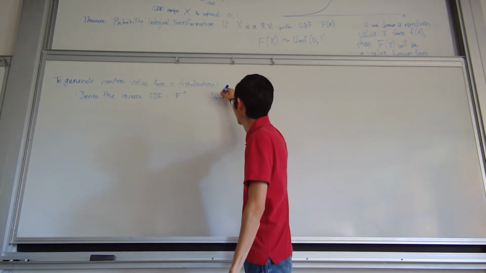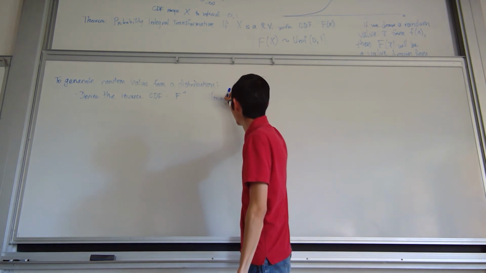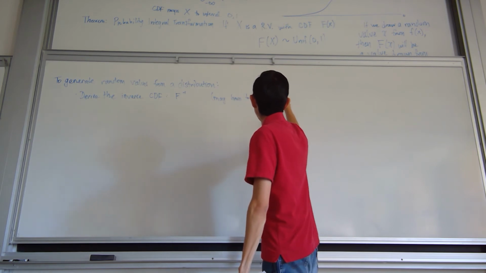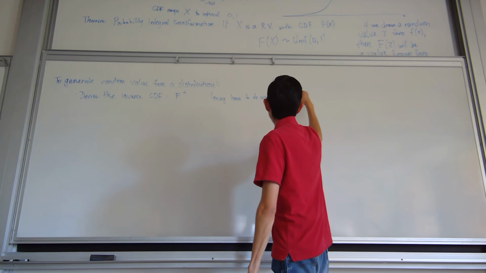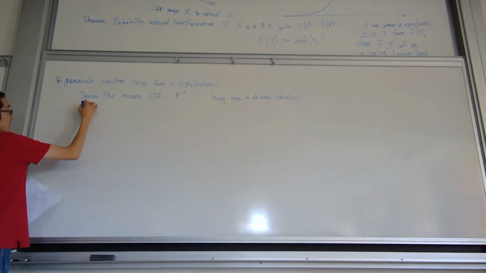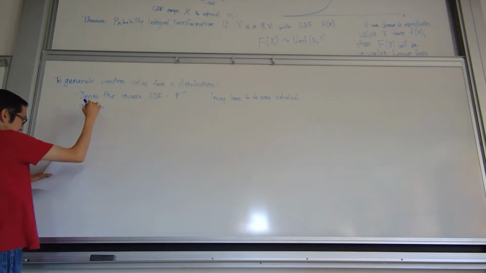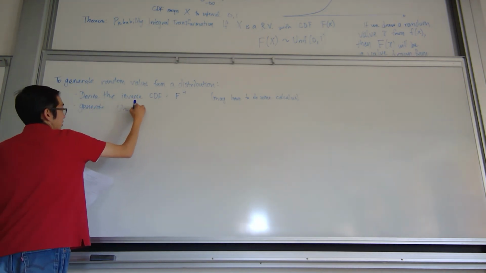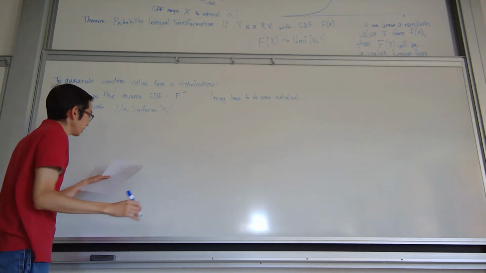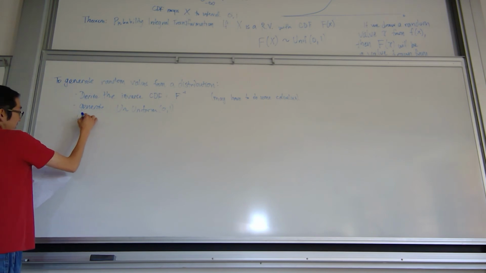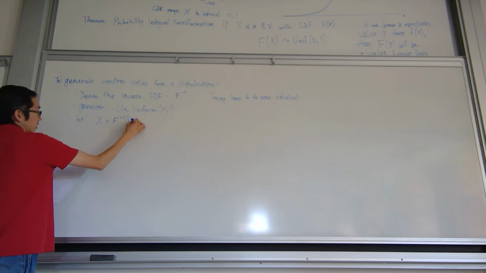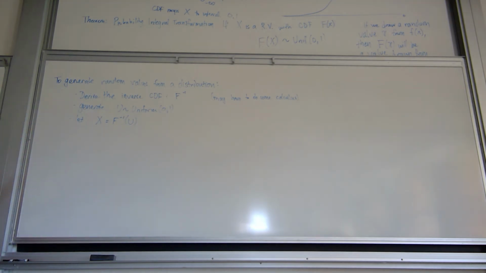So you may have to do calculus. Okay, and then generate U from the uniform 0 to 1. And then let x be equal to that. Okay.